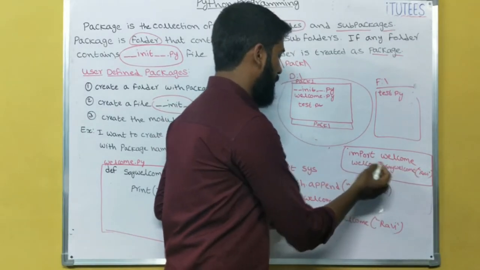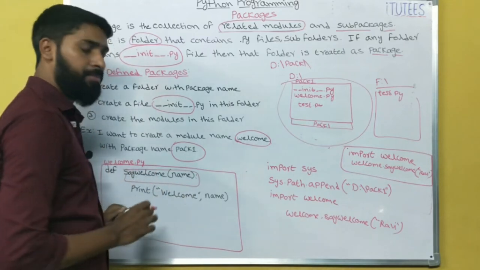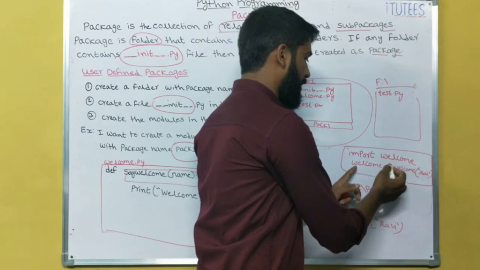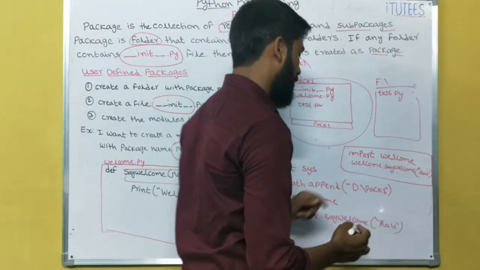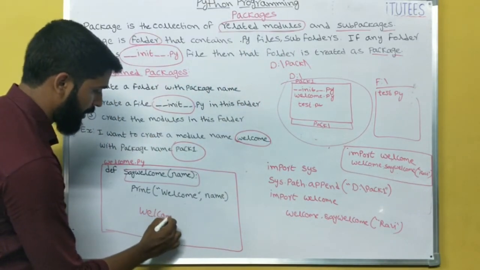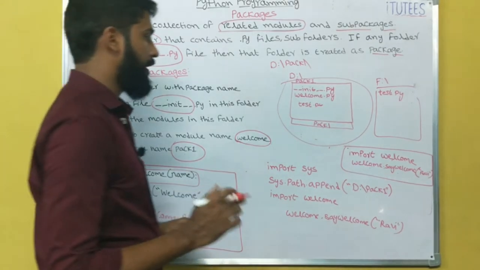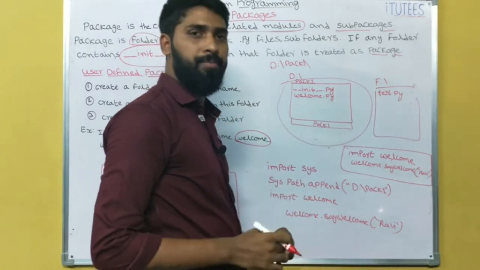In this there is a function say_welcome(name). We can access the function with the help of the module name: welcome.say_welcome Ravi. So what is the output? It prints welcome Ravi.